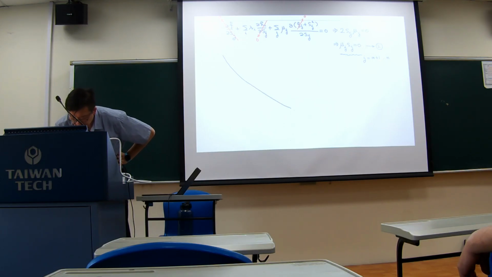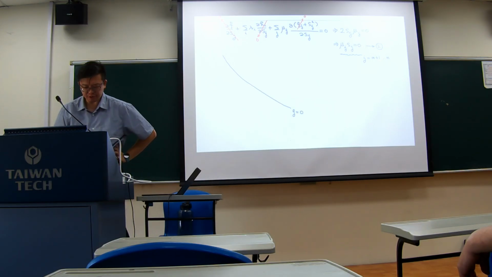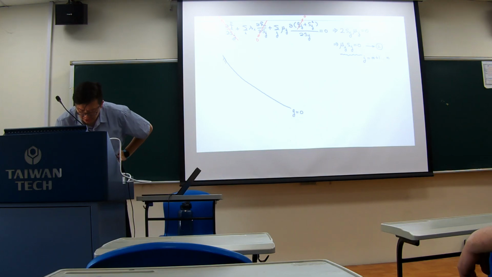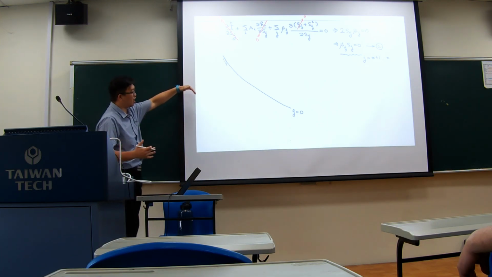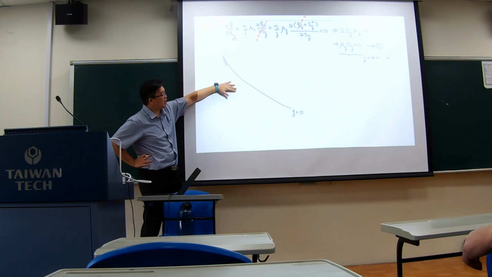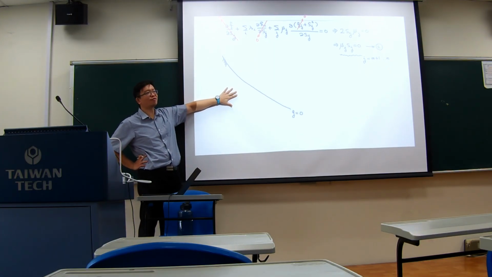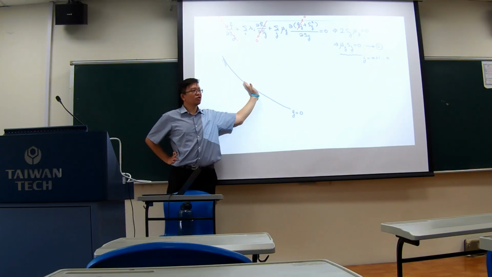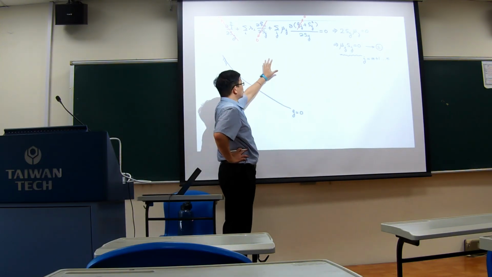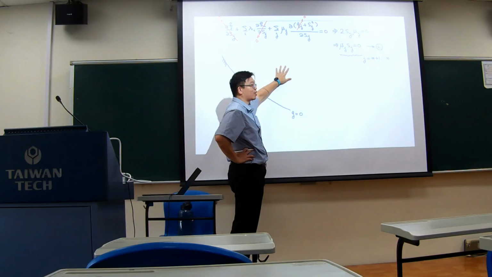So let's say here is G equals to 0. Okay, and let's say it's like a wall on the left hand side. It's inside the wall. You don't want to find a solution inside the wall. Your solution should be somewhere here in the upper right corner.